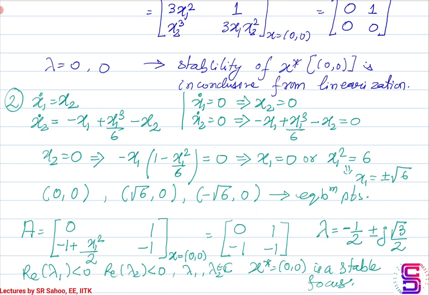Okay, similarly try to conclude for root 6 comma 0 as the equilibrium point and minus root 6 comma 0 as the equilibrium point, and see what are the conclusions that you can draw.